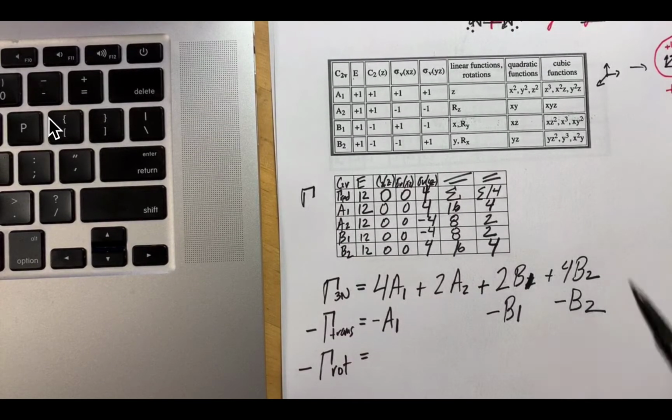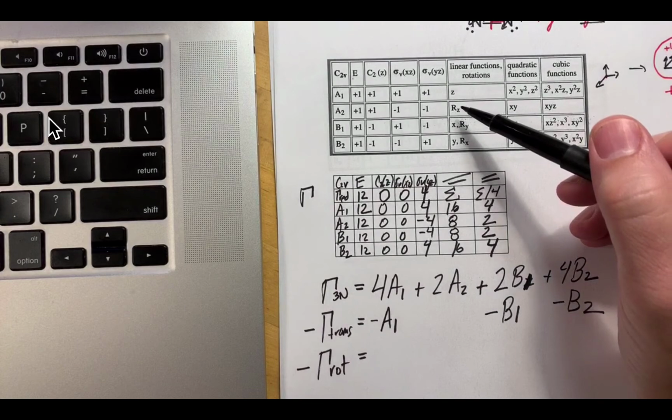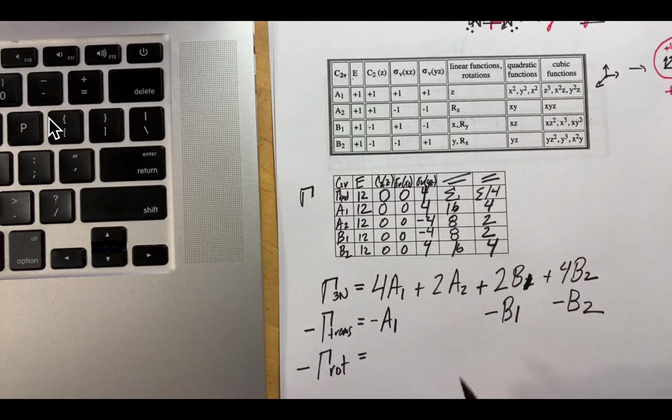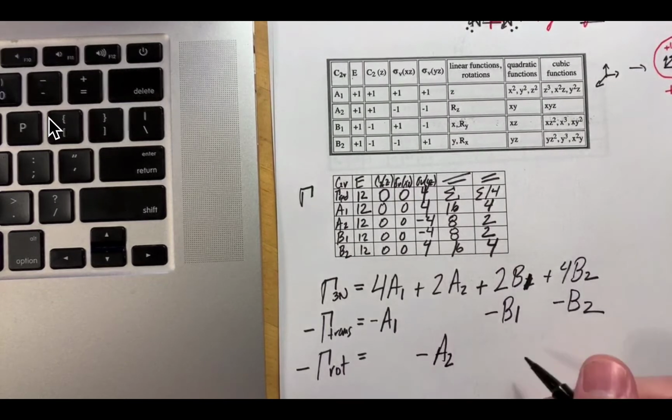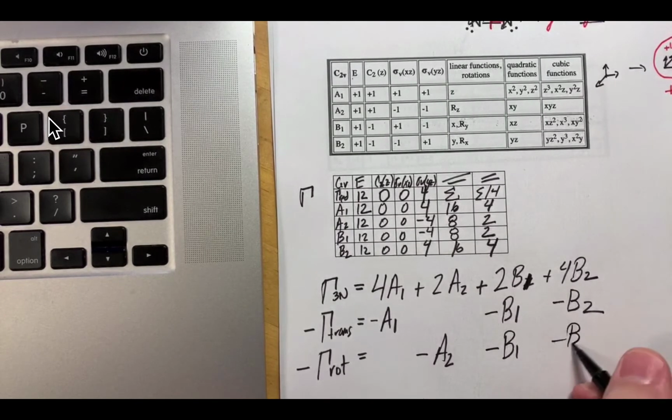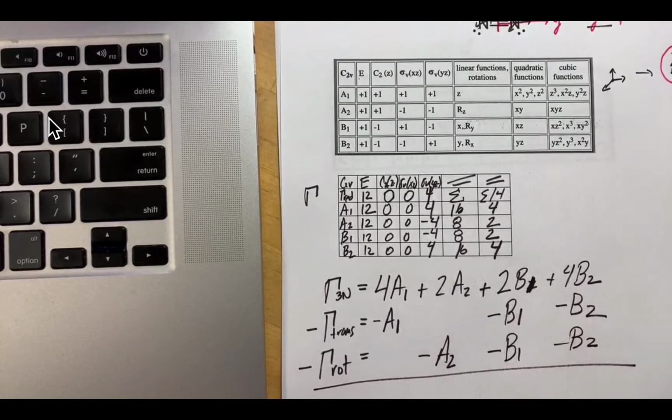My rotations up here, that's what this capital R is. This is rotation around Z, rotation around Y, rotation around X. So when I subtract out rotations, I'm going to lose an A2. I'm going to lose a B1, and I'm going to lose a B2 out of the total.